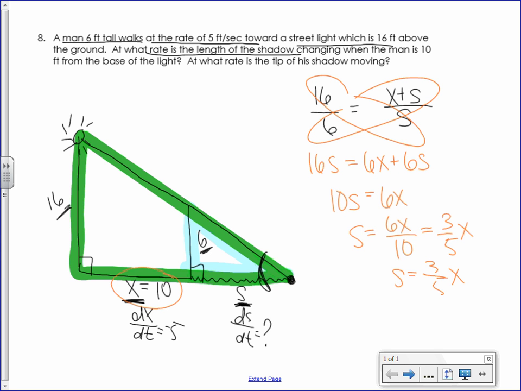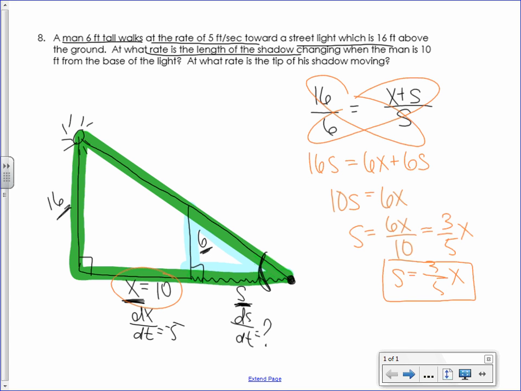We just want to get a nice equation that has an S in it so we can take the derivative of. And really, if you did plug in this 10, that means that when x is 10, then that's telling me what S is. And I don't want S, I want ds dt.